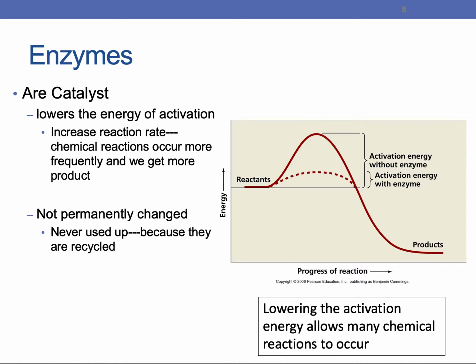Less energy is needed, so there's more collision that results in formation of products. What we should note, however, is that in the process, the enzymes are not permanently changed. They are never used up. They are recycled and used over and over and over again.